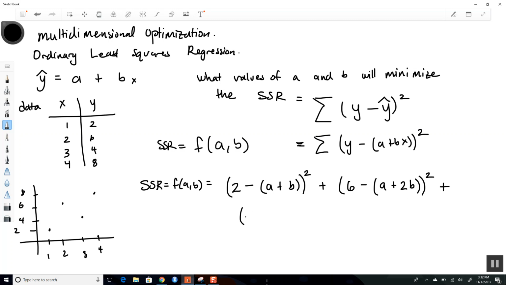Plus the next one is 4 minus (a plus 3b) squared, and then lastly I've got 8 minus (a plus 4b) squared. Okay, all right, so this is my function written. We're trying to minimize the sum of squares residuals for a data set, right?